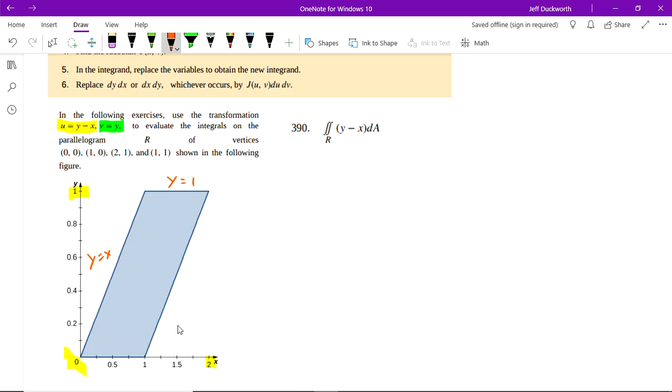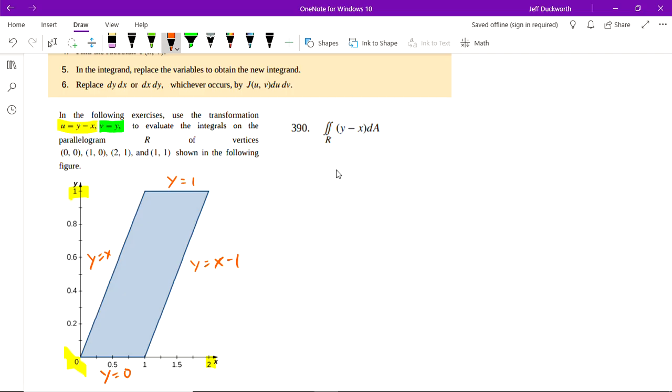And we have the right side of our parallelogram here, which we've just shifted over by 1, essentially. So this is y equals x minus 1, a shift of 1 to the right. And finally, our bound below is y equals 0. So those are the four that we're going to use.